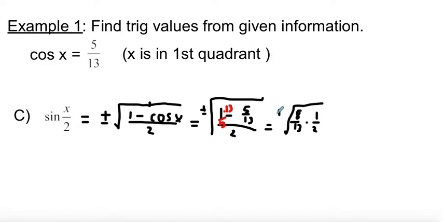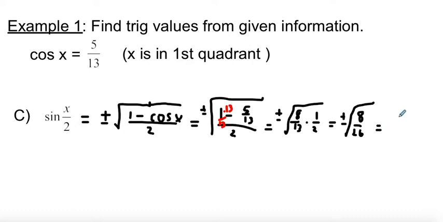Don't forget, we got a plus or minus. And so now we're going to get 8 over 26. And then before we take the square root, let's think in terms of reducing that down.